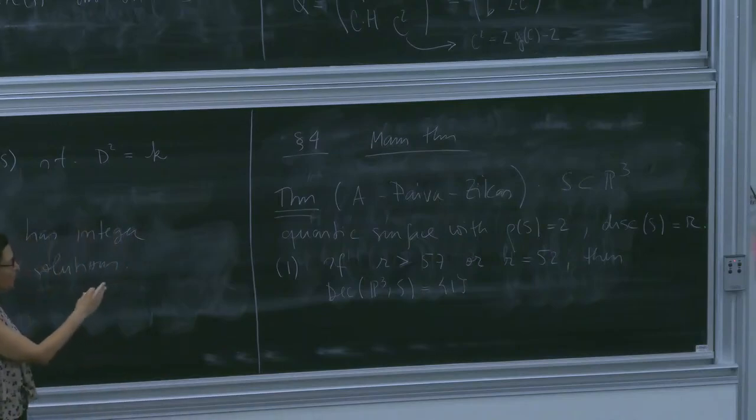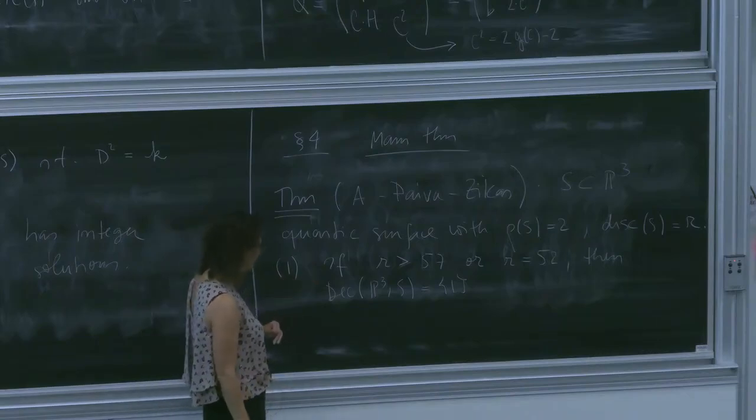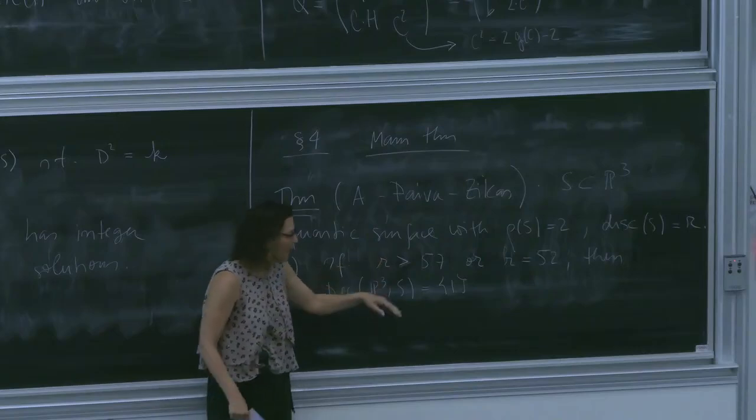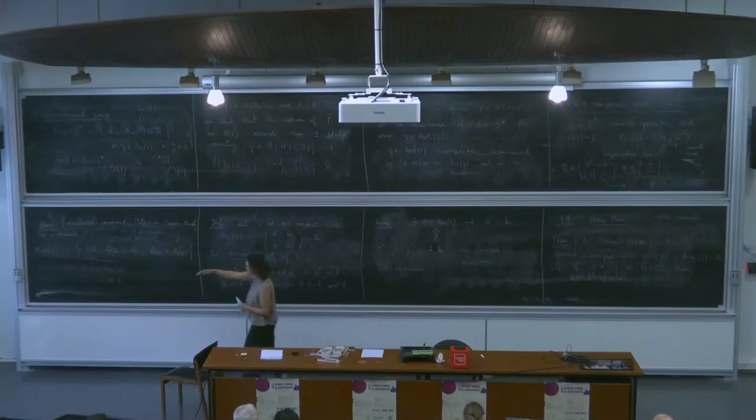So in particular, no automorphism of S can come from a Cremona transformation. And then you can find infinitely many R's for which the automorphism group is any of those.